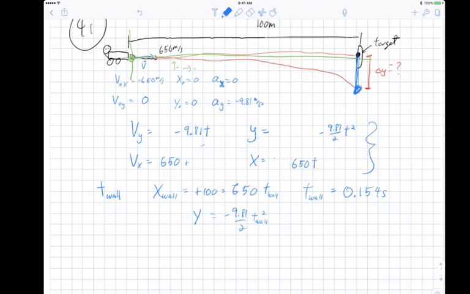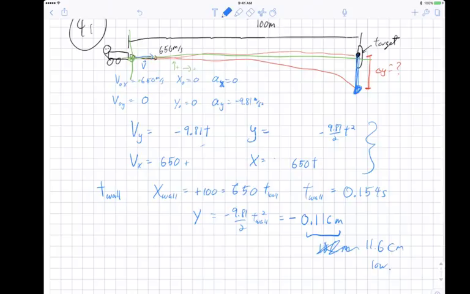So I do 0.154 times 0.154 times 9.81 divided by 2, which gives 0.116 meters. So it's 11 centimeters too low. Almost 12 centimeters. 11.6 centimeters too low. Which is pretty low.